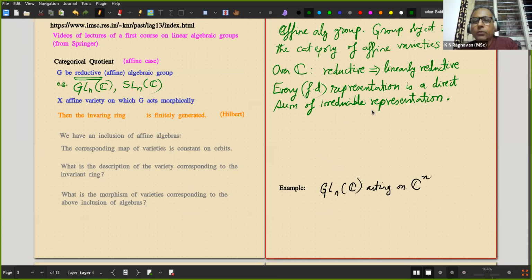Now, just a bit of hair splitting here. The zero representation itself is not considered to be irreducible. The reason for that is similar to the reason that you don't consider one as prime. The problem with considering one as prime is the following: you cannot have uniqueness in the fundamental theorem of arithmetic, that every positive integer can be written uniquely as a product of primes.